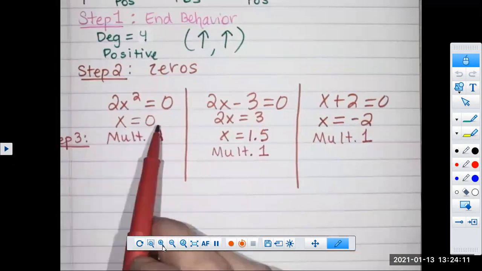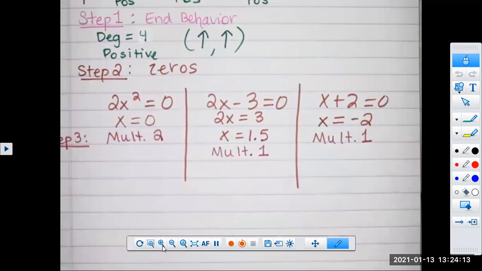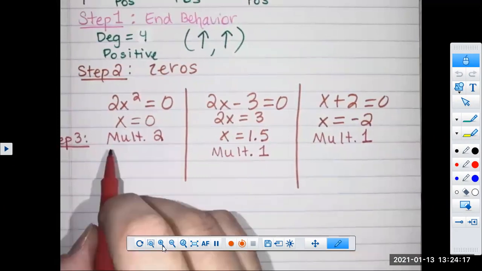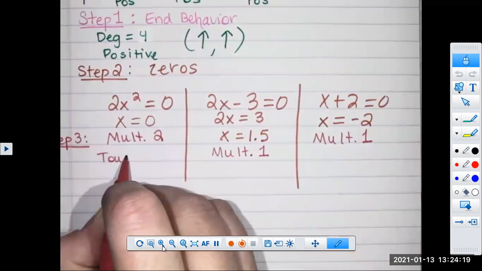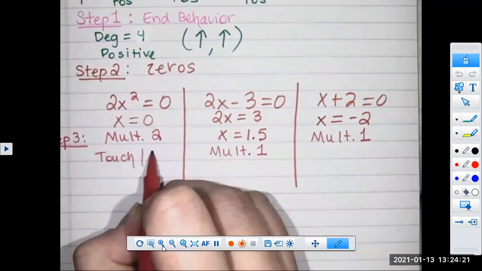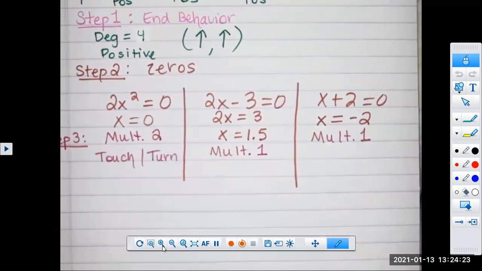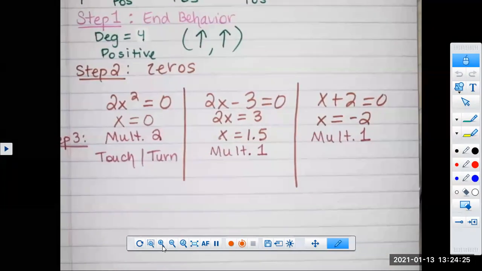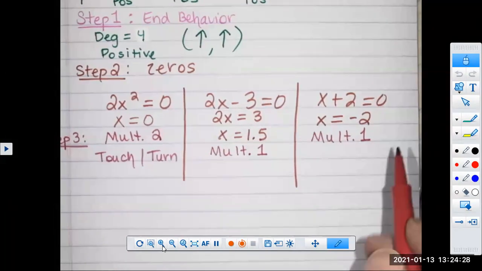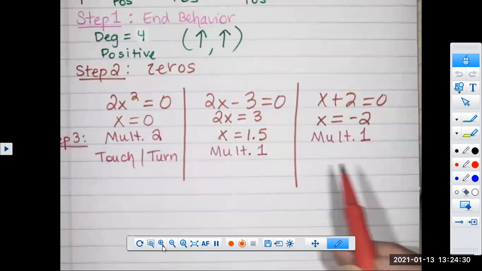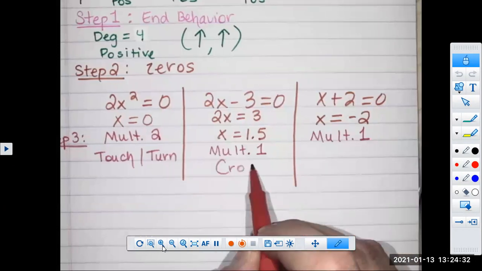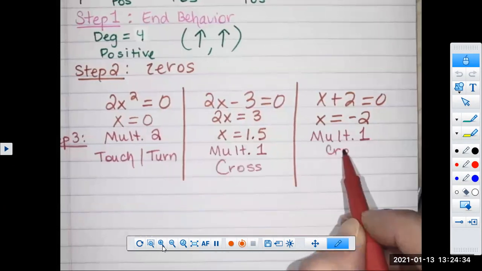It's an even multiplicity, so is it going to cross or touch and turn? Good, it's going to touch and turn back. What about at 1.5? And at -2? What's your graph going to do? It's going to cross over.